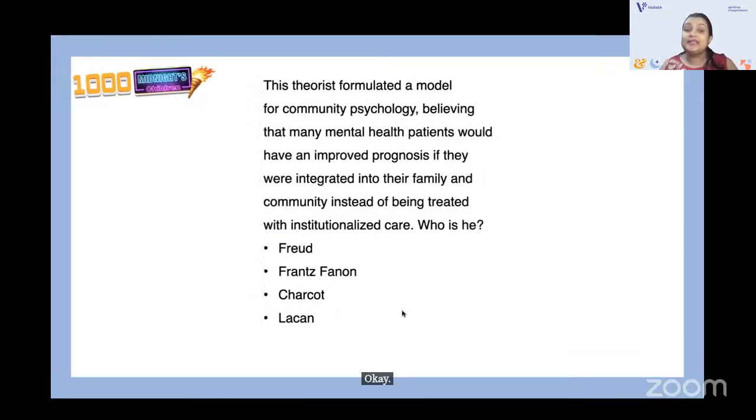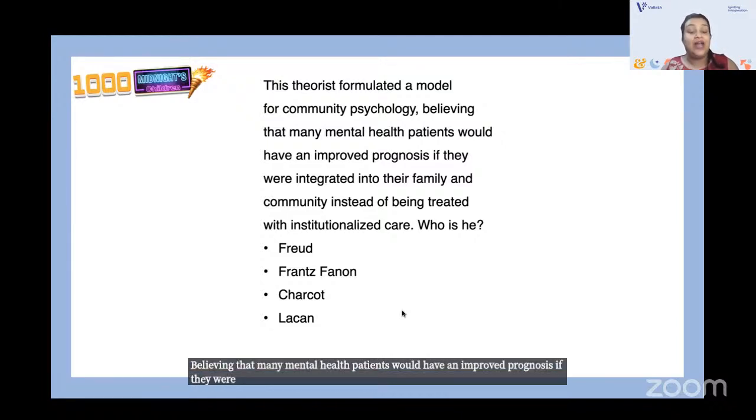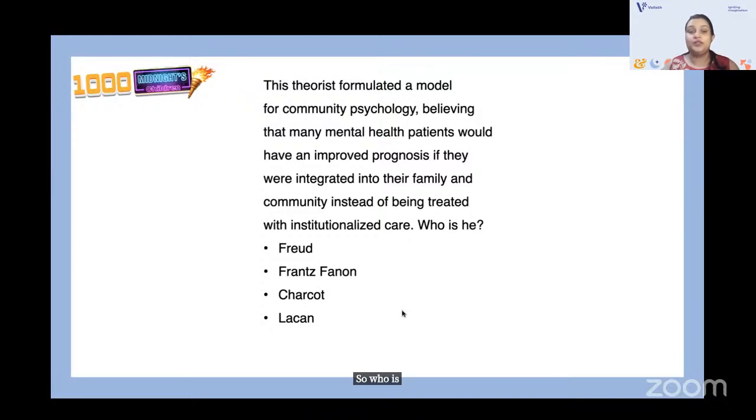So, this theorist formulated a model for community psychology, believing that many mental health patients would have an improved prognosis if they were integrated into their family and community instead of being treated with institutionalized care. So, who is this theorist who talked about this community psychology?